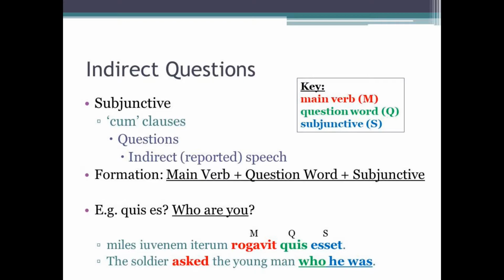You'll notice that there's no question mark at the end because this is in reported speech, and you'll see from the colour coding that there is a main verb, rogavit, a question word, quis, and the subjunctive, esset. And the subjunctive can either be pluperfect or imperfect.